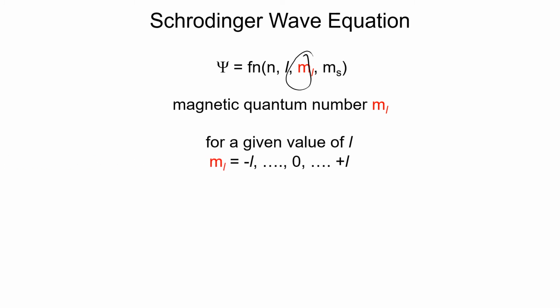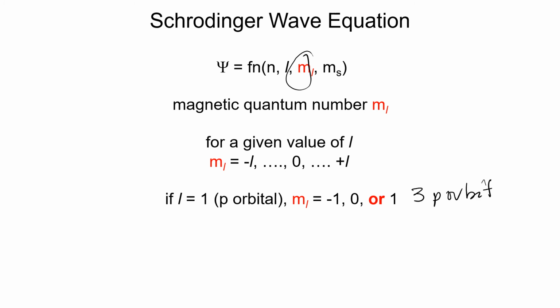So for a given value of L, m sub L ranges from minus L to plus L, always centered at 0. So if L equals 1, where we're in a p orbital, m sub L ranges from minus 1 to plus 1. These are the 3 p orbitals.